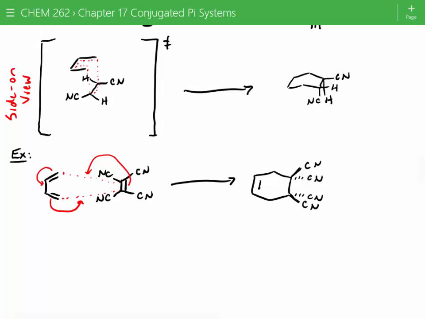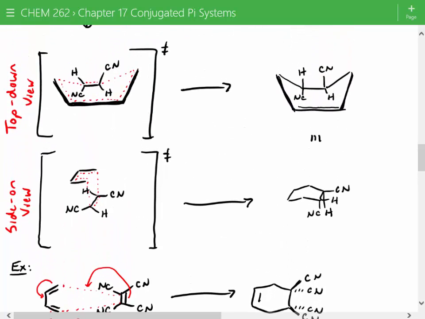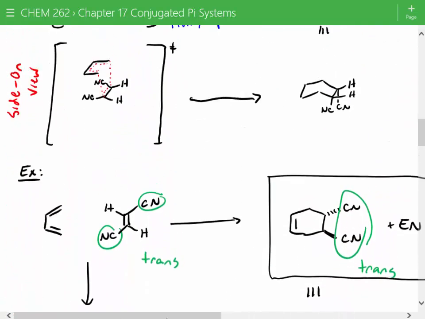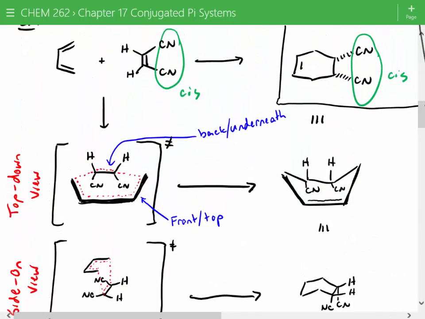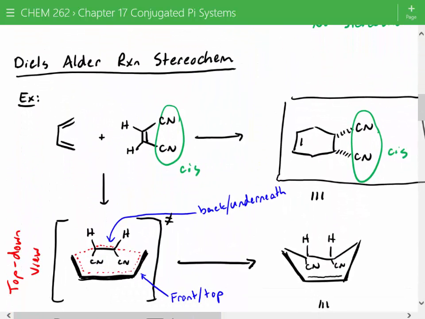One thing you may have noticed in all of these examples, I've got a cyano group. Do you guys think cyano groups are electron donating or withdrawing? Withdrawing. So with the Diels-Alder reaction, you normally have to have some sort of electron withdrawing group on your dienophile, at least for a normal Diels-Alder reaction.